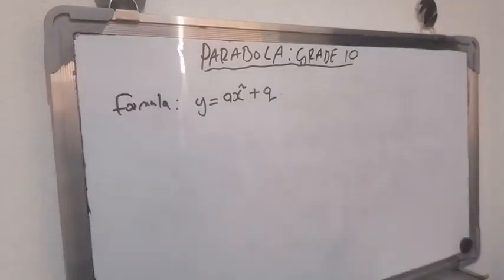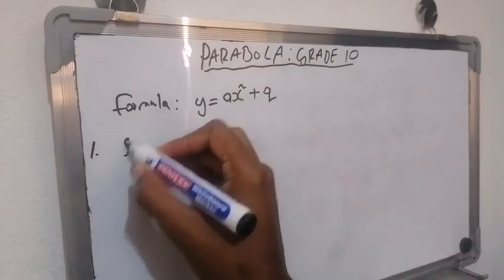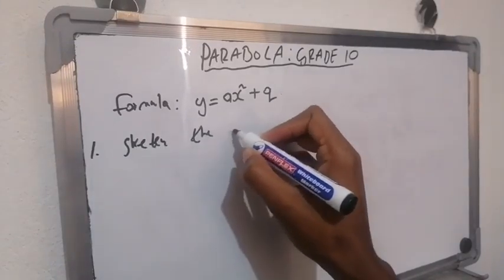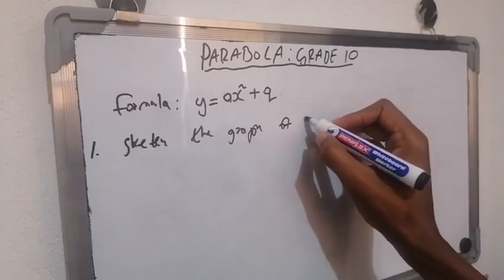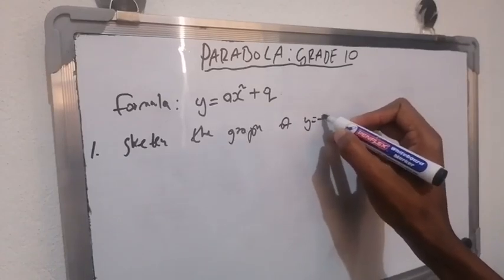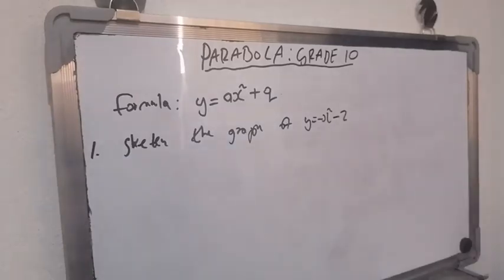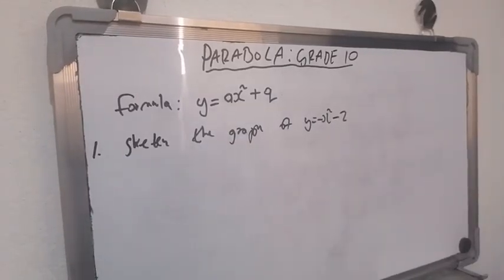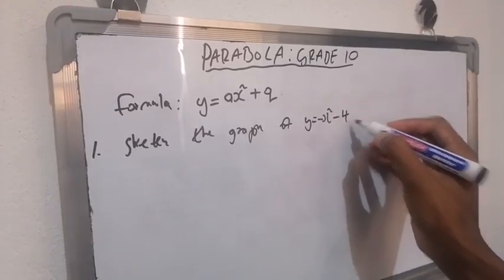Now, having this formula, let's say maybe I say to you, sketch the graph of, I'm going to say y will be equal to negative x squared minus 2. Okay, negative x squared minus 2, or rather let me make it minus 4.